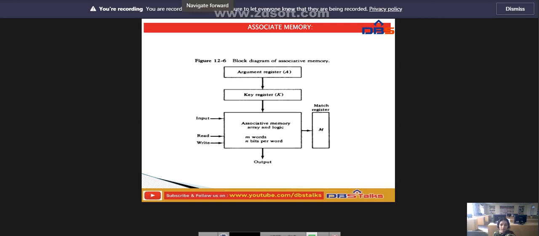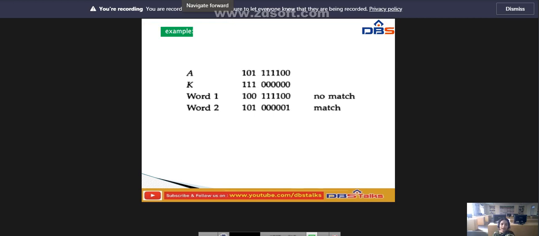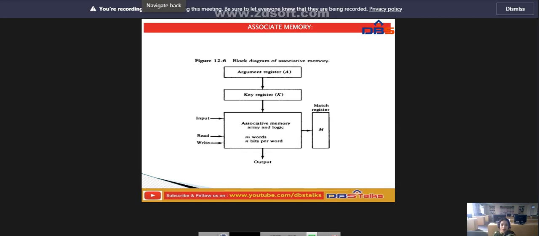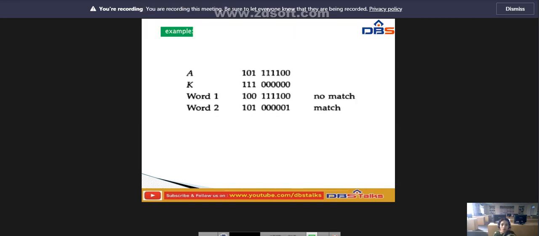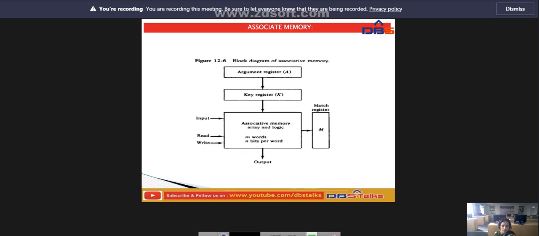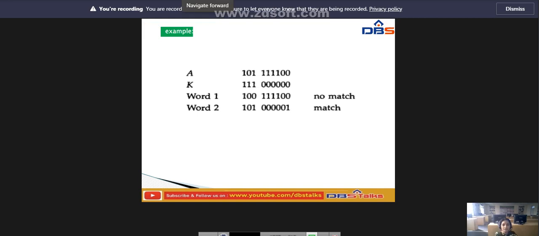For example, I am providing A as 101 100. A means the argument register in this diagram. So A is the argument register, K is the key register, and this is the associative memory with word 1 and word 2. I am providing the values 101 100 for A. For K, I am providing 111 000.